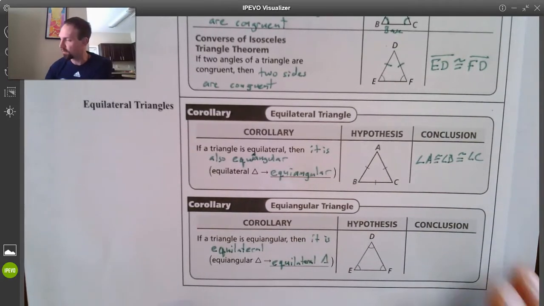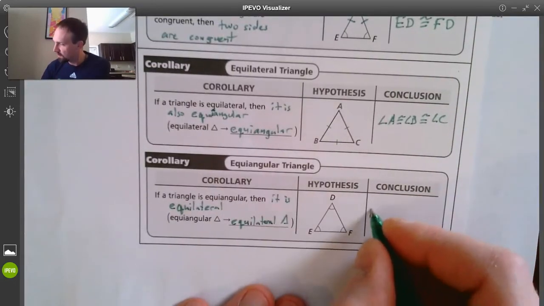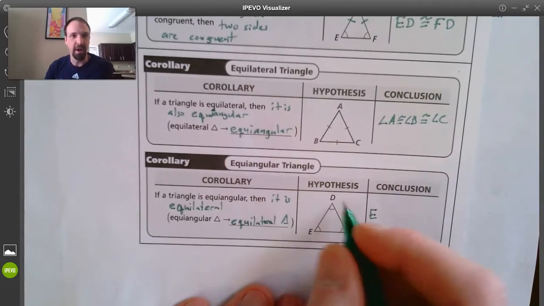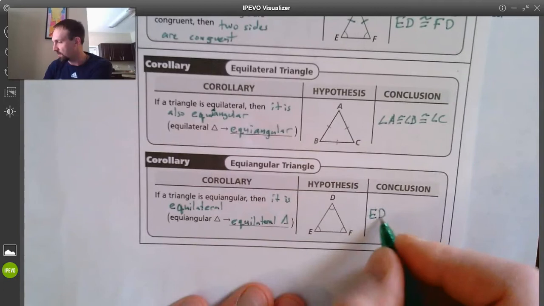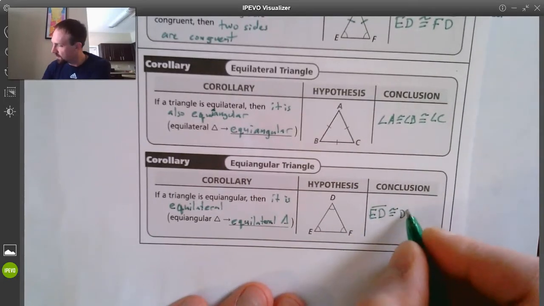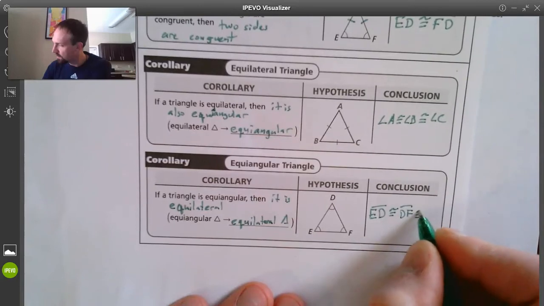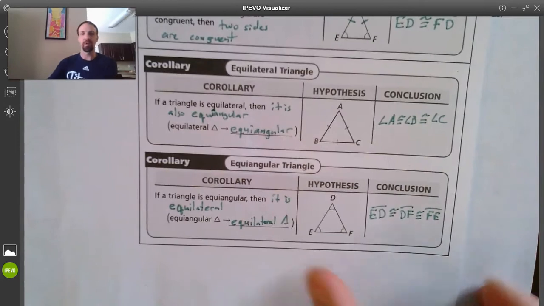It has to be both. So here, my conclusion is, if I have a triangle with all the same sides, then I know that the segments are going to be congruent to one another. So there's that part.